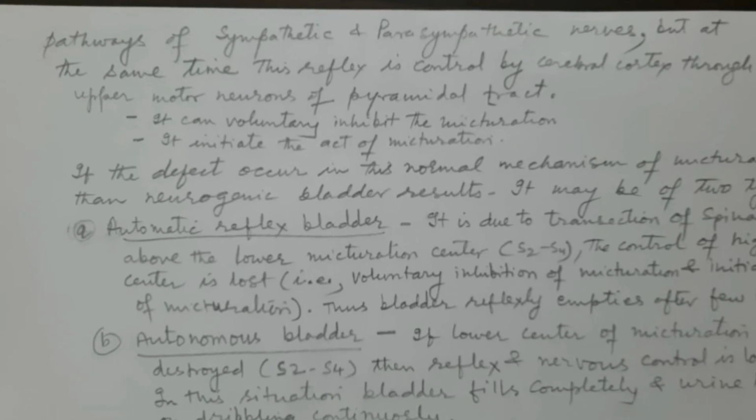So the bladder will contract and the internal sphincter will relax, and the urine will pass automatically. That's why it is called automatic reflex bladder.